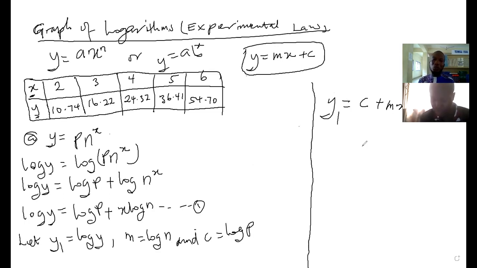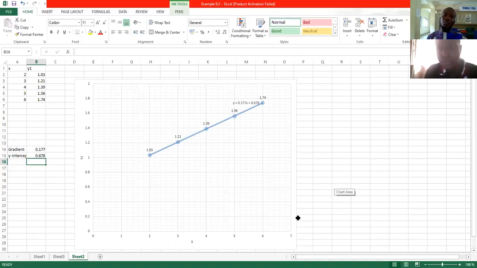Now the question asks us to plot this graph, and this is the graph. This is what I have here. You can see it. So this is the graph we have.